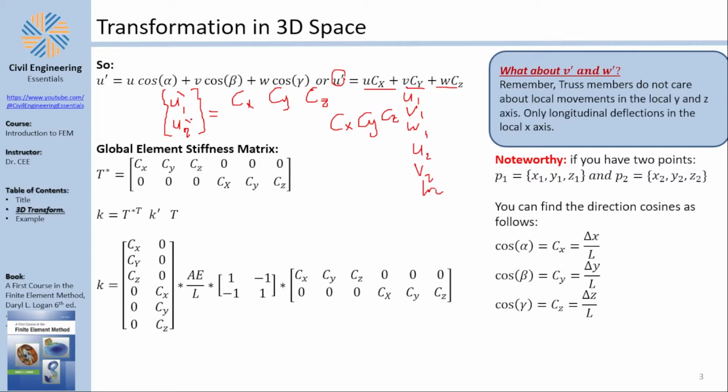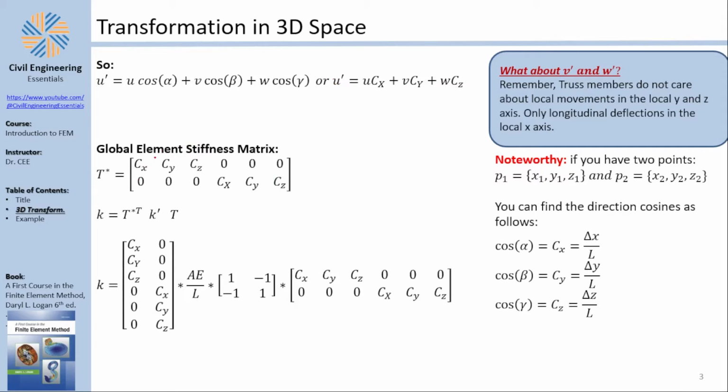which means that the local displacement on the second node is going to be the cosines of the movements at the second node, which means you will fill here with zeros, and that's the reason why you see this as your transformation matrix. Long story short, you can read the transformation matrix as follows: U local on the first node equals cosine U global, cosine V global, cosine W global for node number 1, and then nothing with regard to node number 2 because U1 is based on node 1.